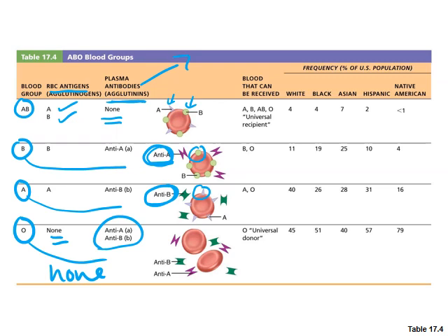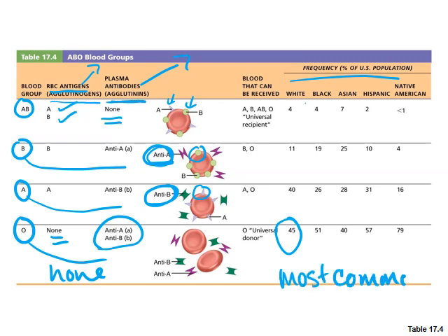So I know these words are confusing, but agglutinogens, antigens, they both end in gens, right? Agglutinins, antibodies. And then they tell you what's the blood you can receive and what's the frequency in the population based on race. A lot of people are usually surprised that overall, it's different for different races, but you can see overall that O is the most popular, so most common.